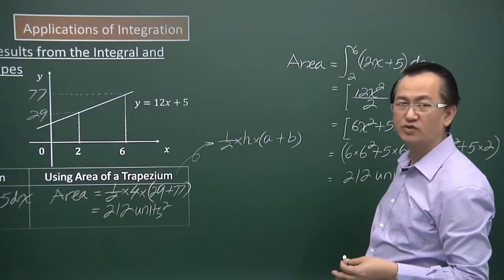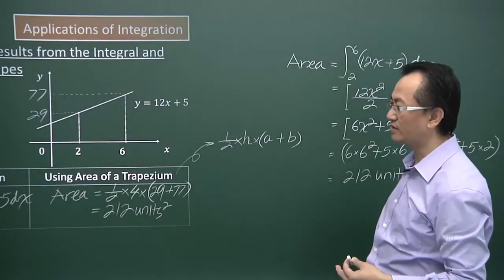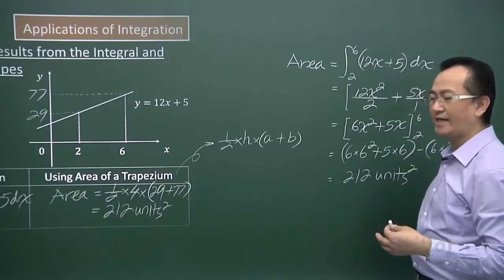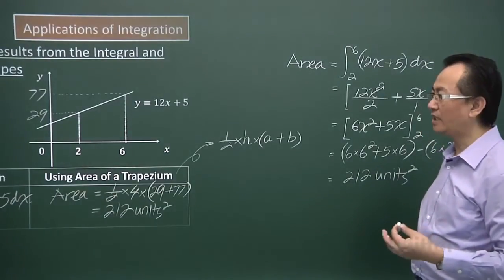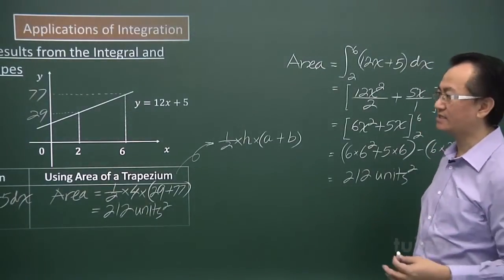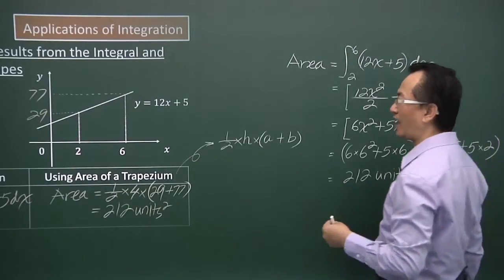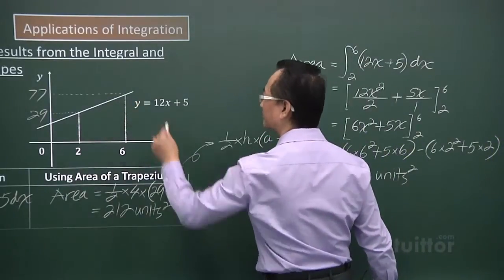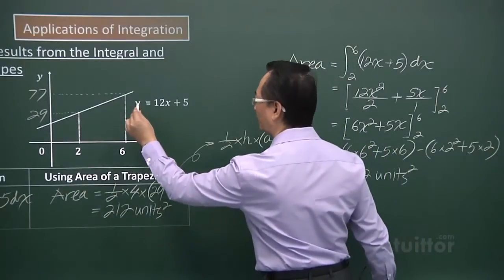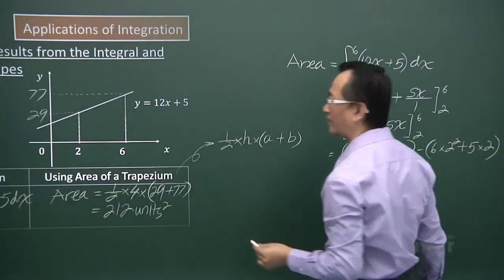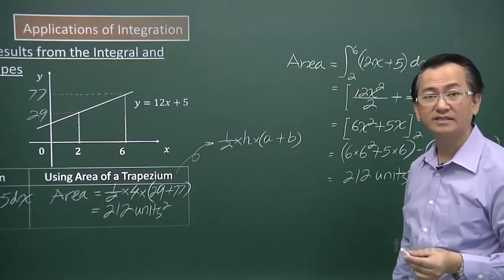But we can also use the idea of integration. Now, the idea of integration will help in more cases, especially if you have got a curve here and the plane area under the curve can only be found by integration.